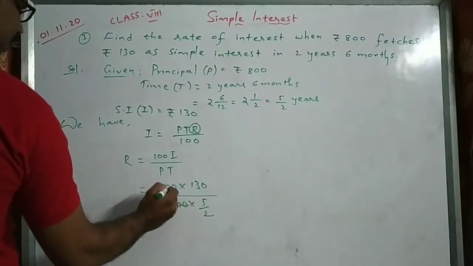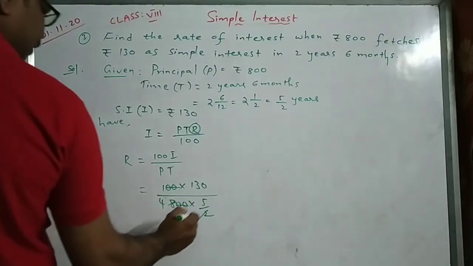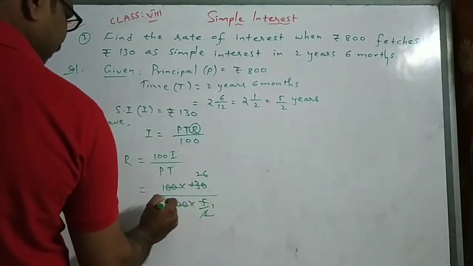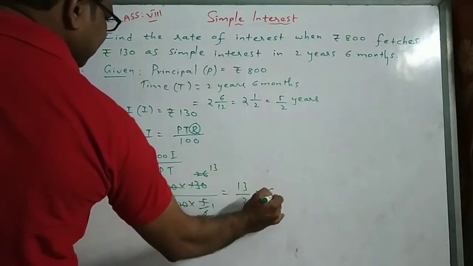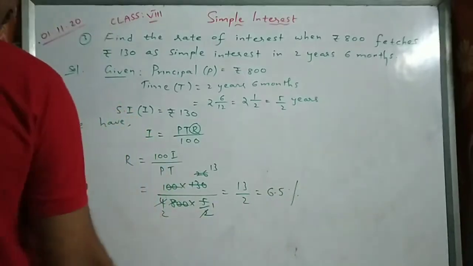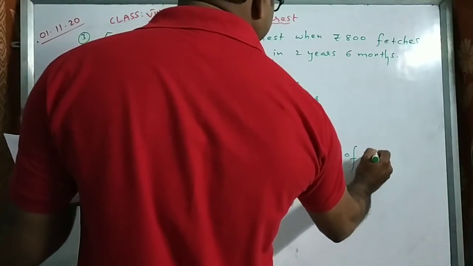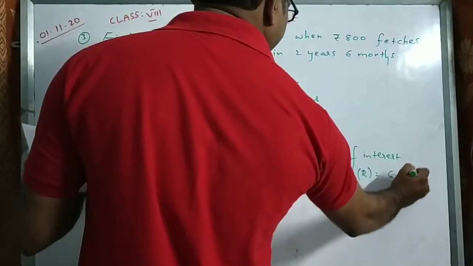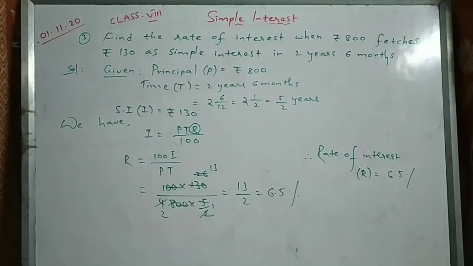So we can cut 2 zeros here. 2 ones 2, 2 fours. Then 13 upon 2 means 6.5%. Therefore, what is the rate of interest here? R equal to 6.5%. Okay?